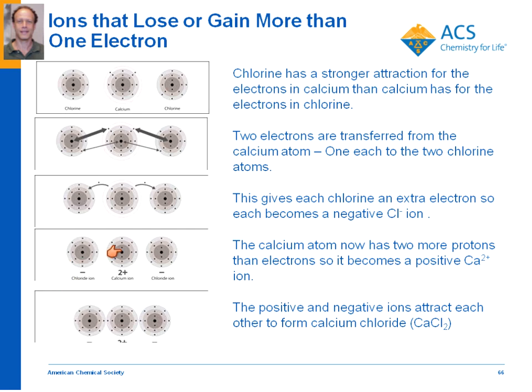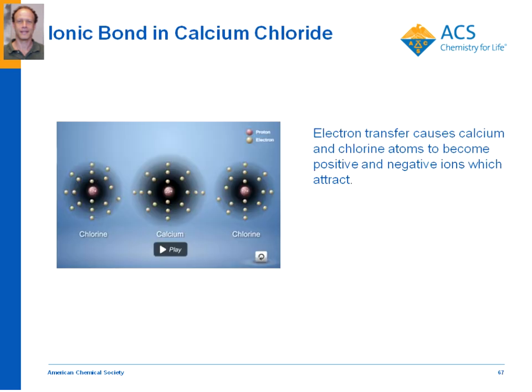It always has to turn out to be neutral, have the same number of negatives as positives. So if you've got a 2+ positive ion, it's going to combine with either a 2- negative ion or 2 negatives.